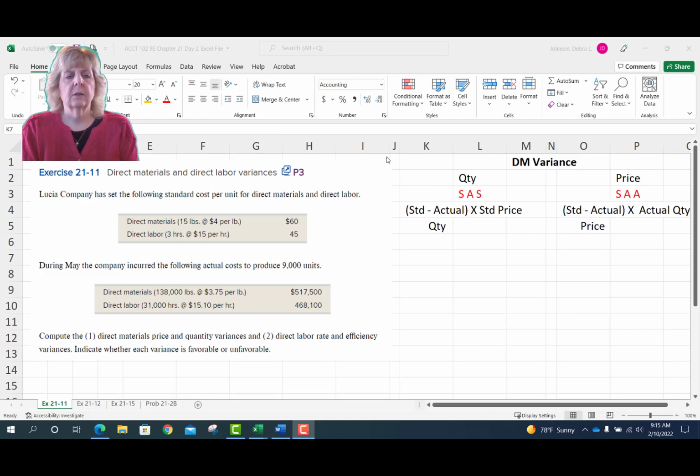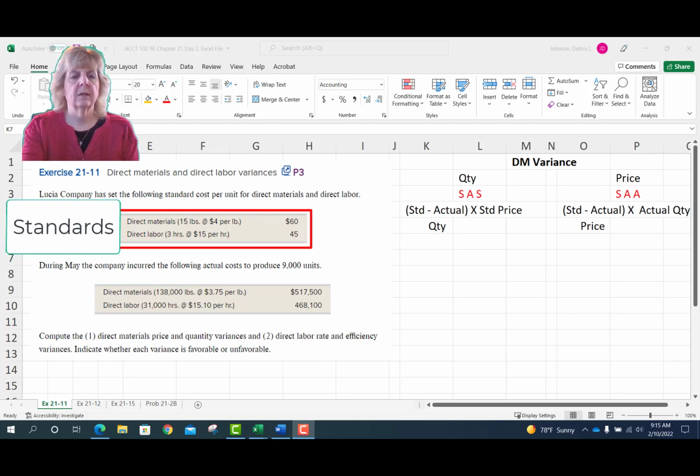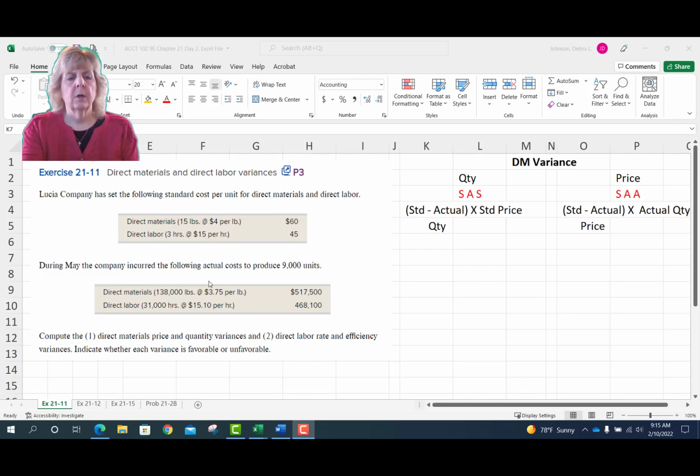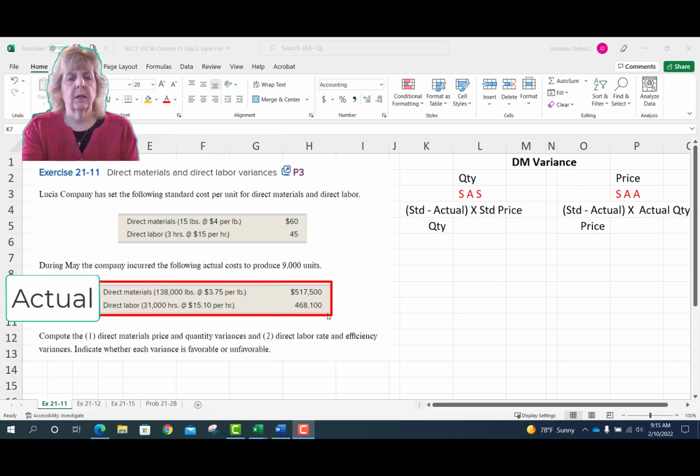So this one says Lucia Company has set the following standard costs. I would identify these as standards per unit for materials and labor. And then during May, the company incurred the actual costs. I would identify these in my notes as actual costs.